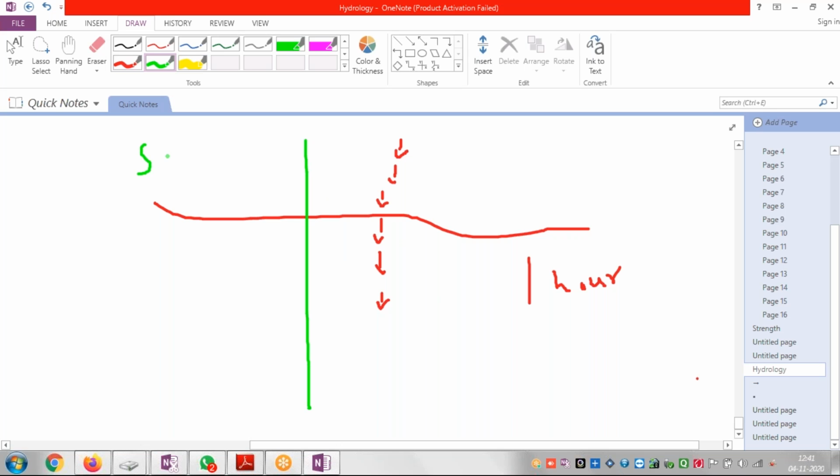For example, there are two types of soil. This is soil 1, this is soil 2, right?